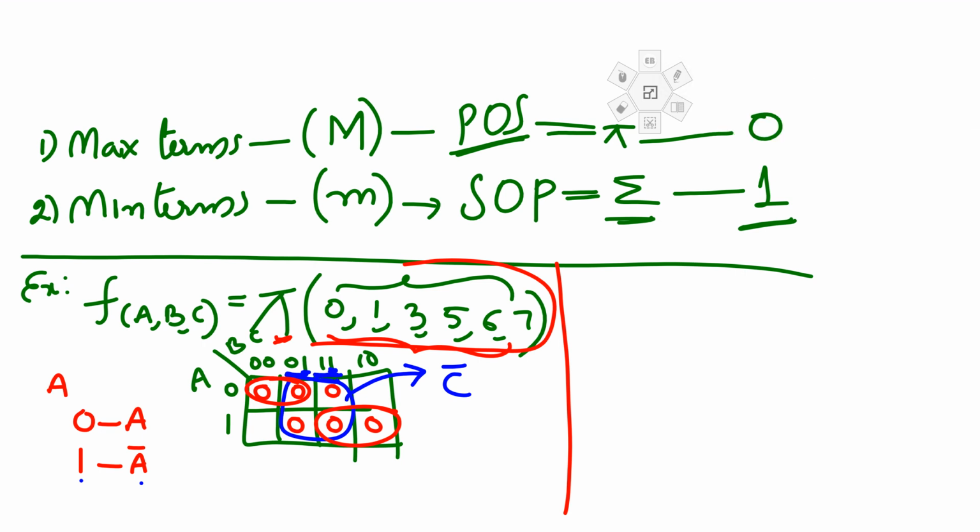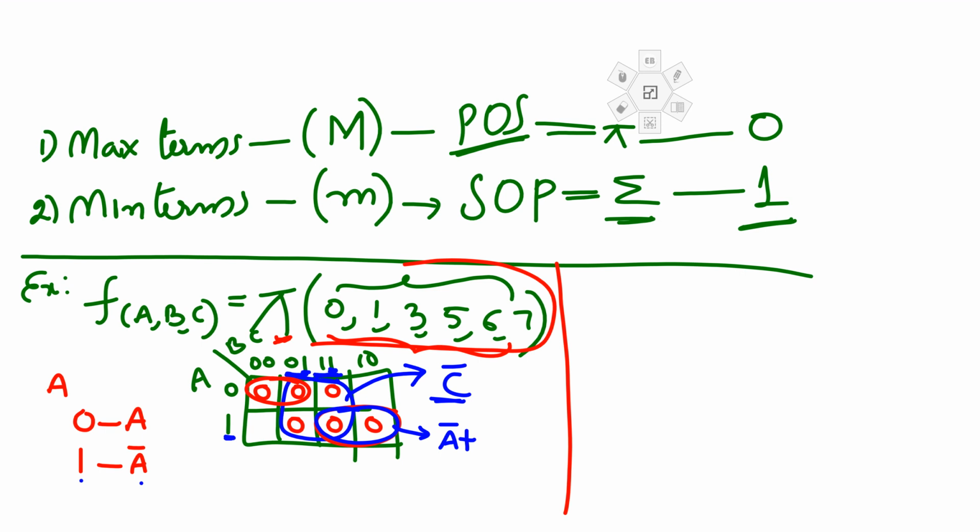For this one, which row is it in? This row, and the variable is A. In product of sums, 1 means A bar. Then remember we write plus between the variables.